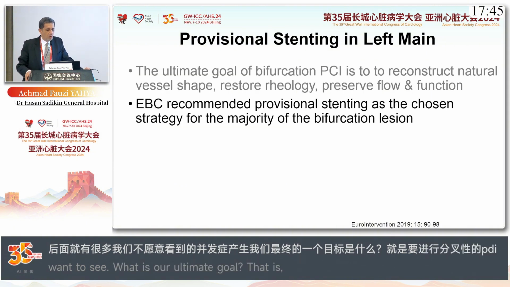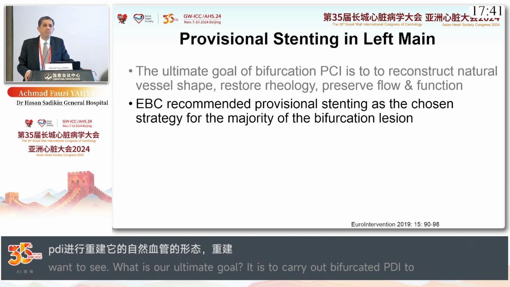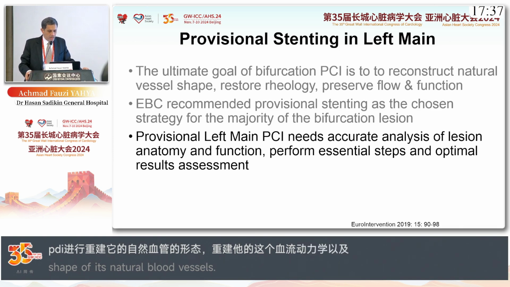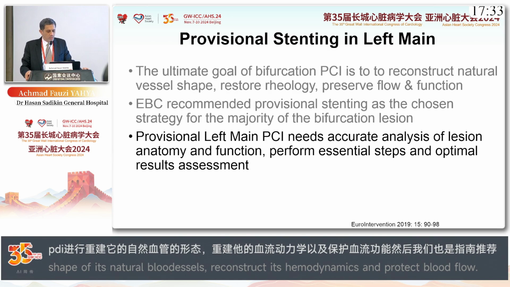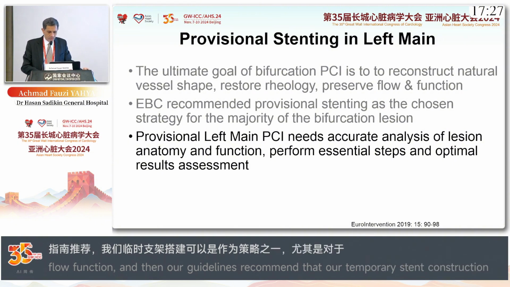And EBC recommended provisional stenting as the chosen strategy for the majority of bifurcation lesions. And provisional left main PCI needs accurate analysis of lesion anatomy and functions, perform essential steps, and optimal result assessment.